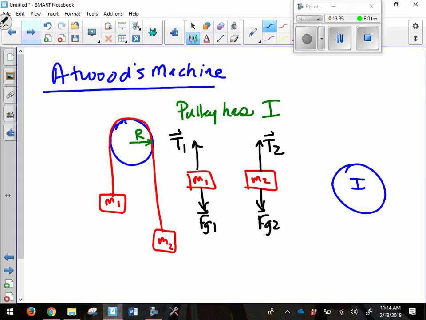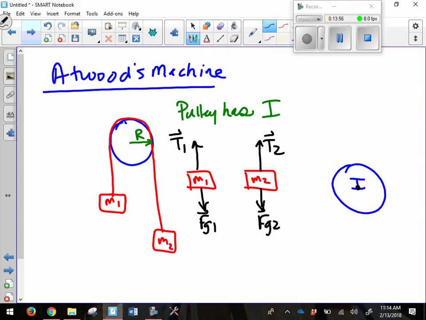Yes. Hang on. If the pulley is fixed, then that means that at the center of mass, that's how it's fixed. Okay, and it's not only the center of mass, it's the axis of rotation.